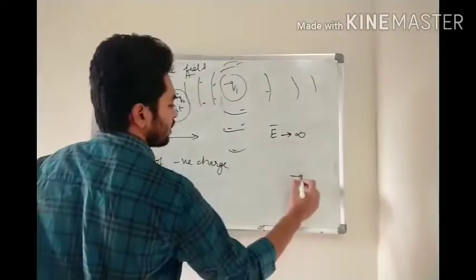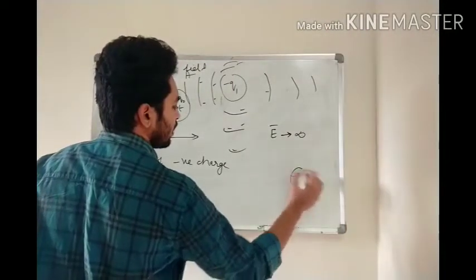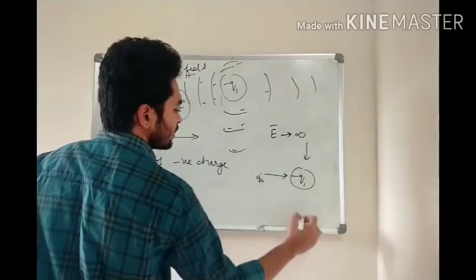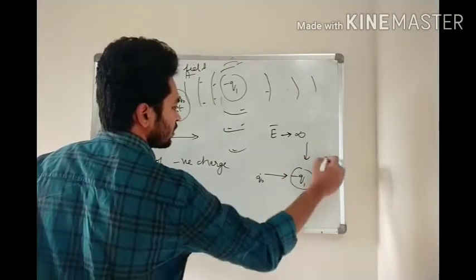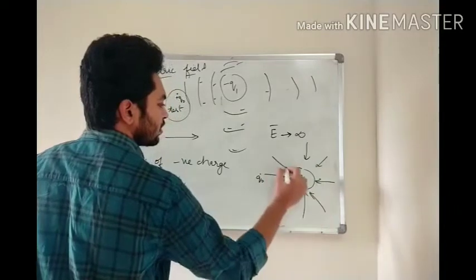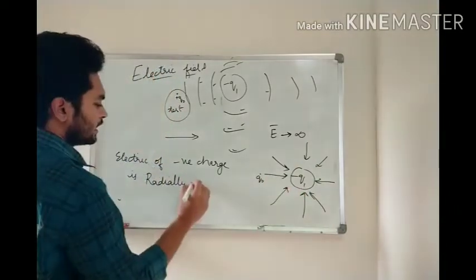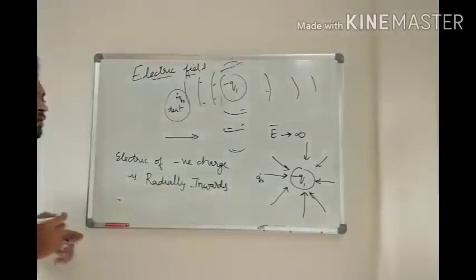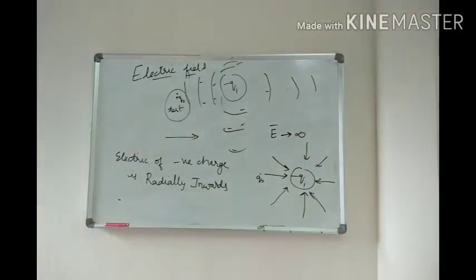Suppose this is our negative q1 and this is our test charge q0. The field is radially inwards. Clear? Note this down.